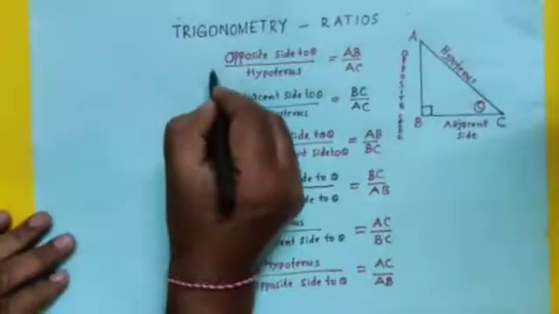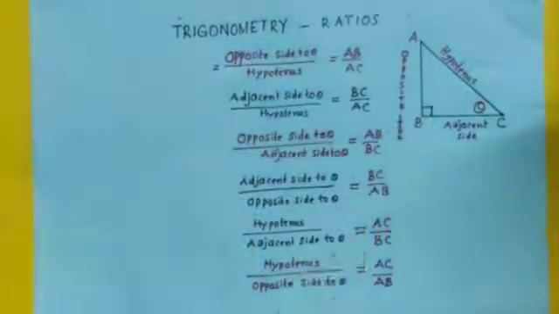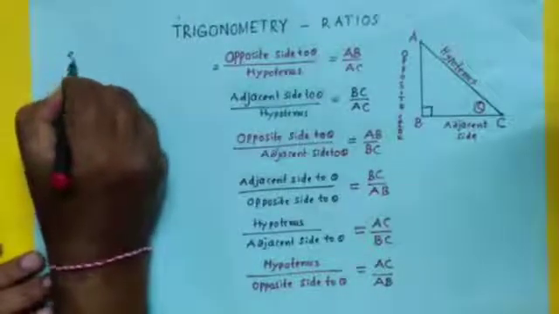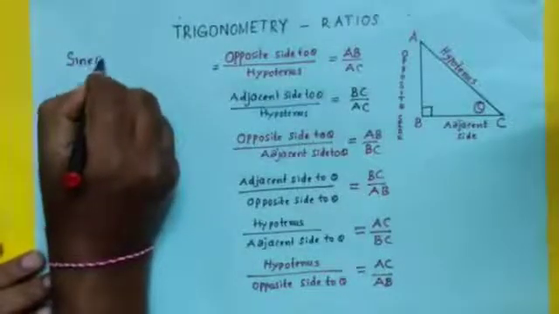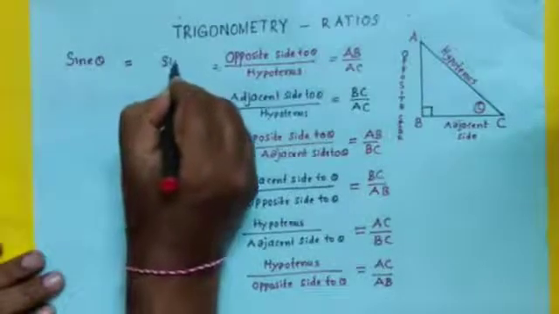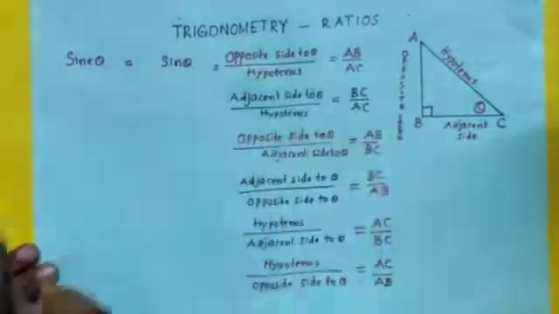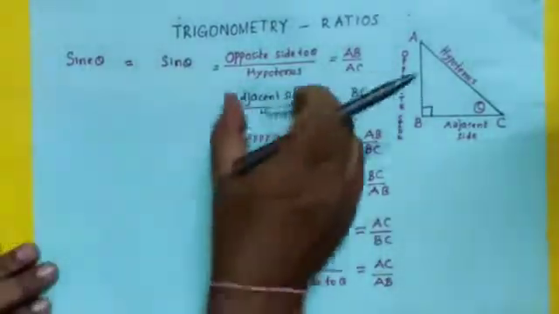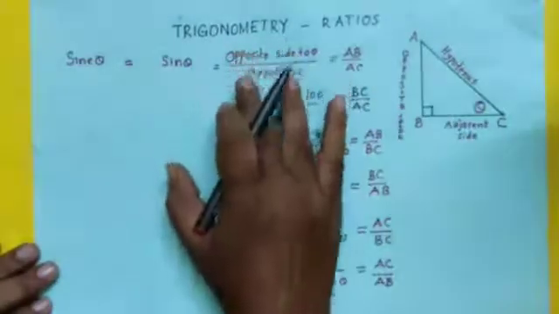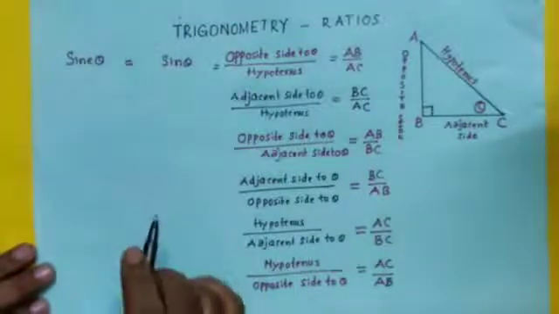First of all, for this theta ratio we are going to give a name: sine theta, which briefly we say as sin theta. Sine theta is equal to the opposite side to theta by the hypotenuse, that is AB by AC.